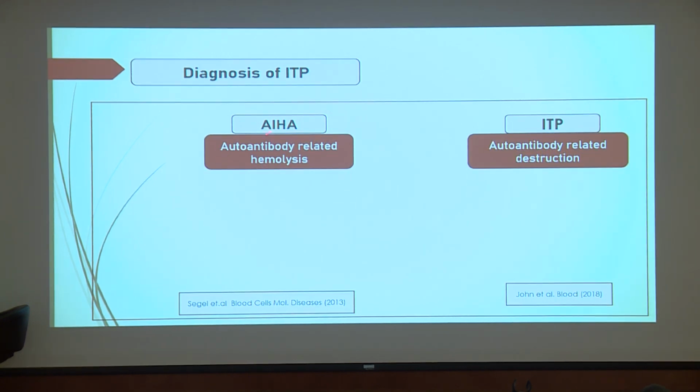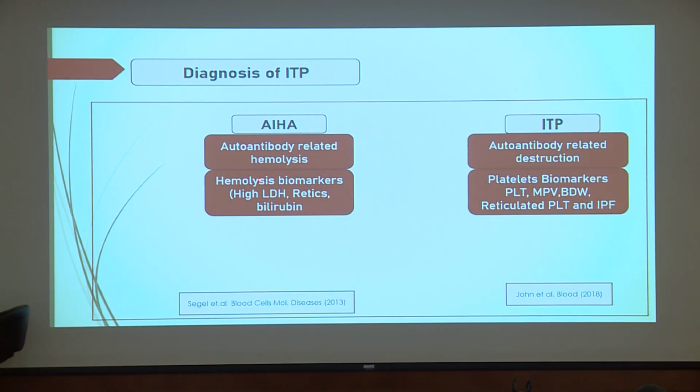In autoimmune hemolytic anemia we have autoantibody related hemolysis and autoantibody related destruction, and we have clear and well-defined biomarkers: hemolysis biomarkers like high LDH, raised bilirubin, and reduction of haptoglobin. In ITP we also have platelet biomarkers, but they are not as clear as in autoimmune hemolytic anemia.